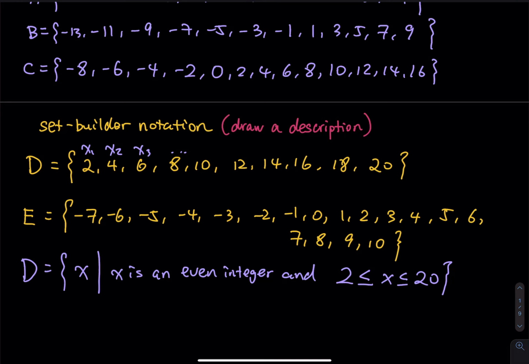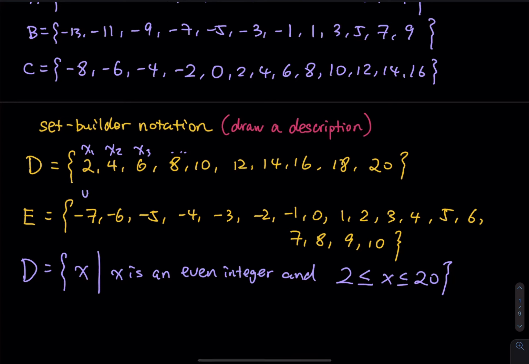How about E? E is -7 to -1 and then 0, 1 all the way to 10. It looks like all the integers between -7 and 10. Can you use y instead of x? Of course. Most people use x, but if you insist on using y, that is fine.